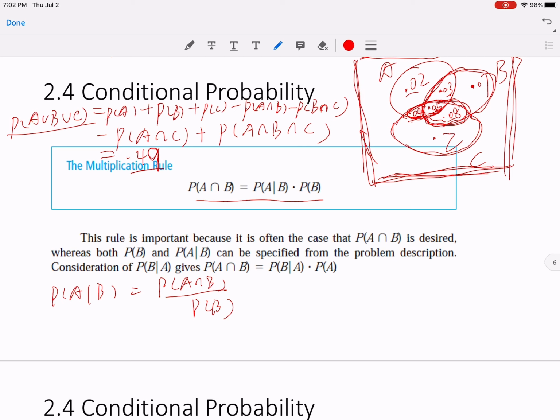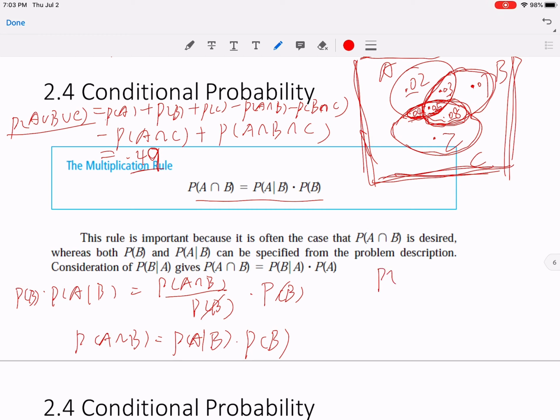If we multiply the probability of B by both sides of the equation, this will be cancelled out. The probability of A intersection B would be equal to the probability of A given B times the probability of B. And of course, we can do it the other way.